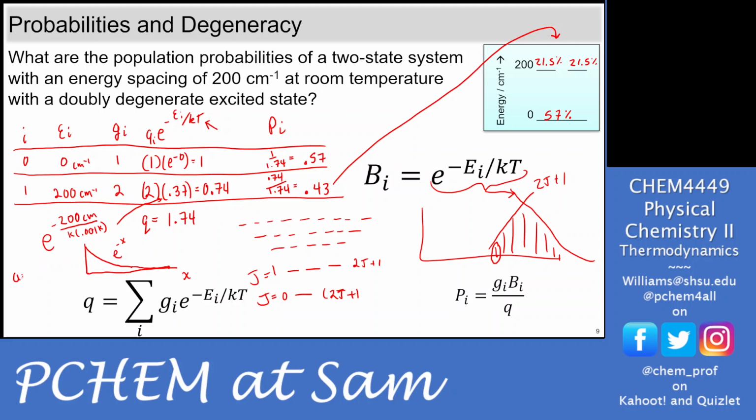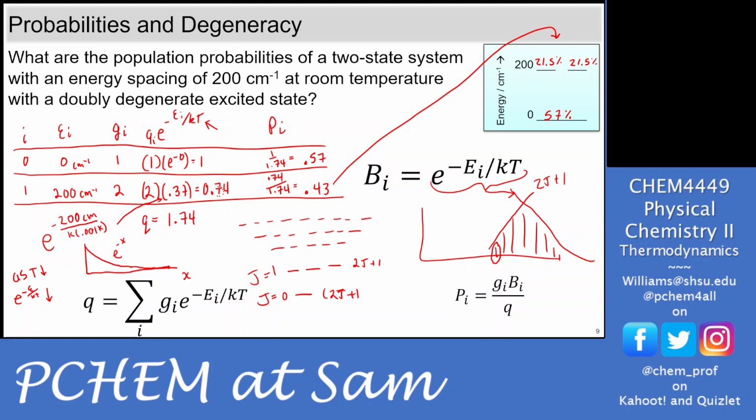So as T goes down, e to the minus E over kT goes down. And so what that means is that there's almost no probability of being in an excited state.